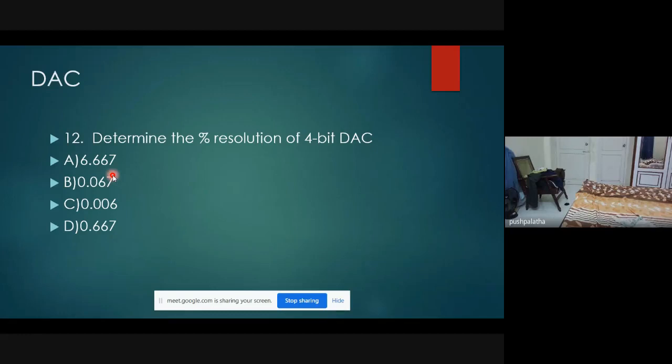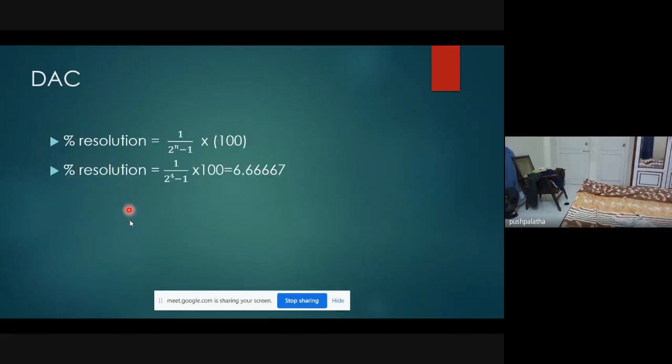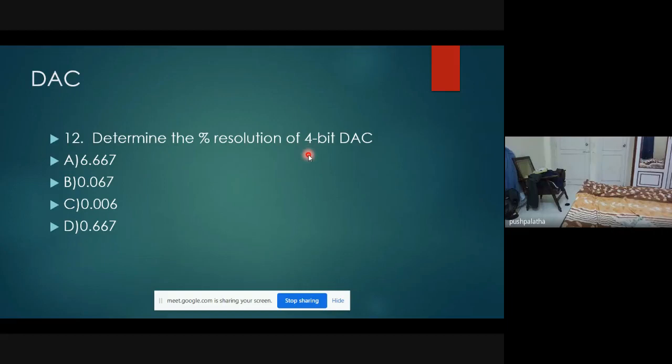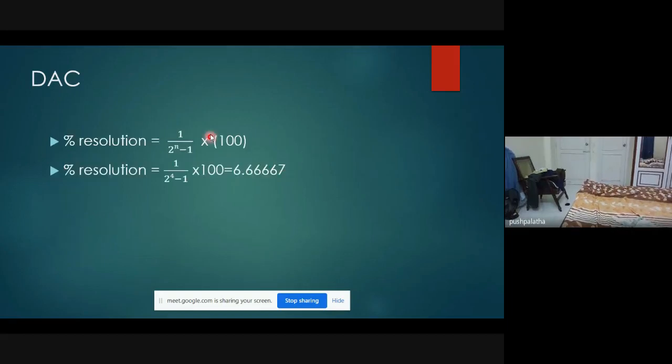Now we'll see how to solve this. You know the percentage resolution for a digital to analog converter has the formula 1 over 2 power n minus 1. How many bits? It's a 4-bit, so the number of bits is equal to 4. So 2 power 4 is 16, minus 1 gives 15, so 1 over 15 into 100.